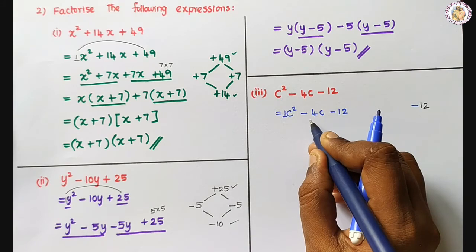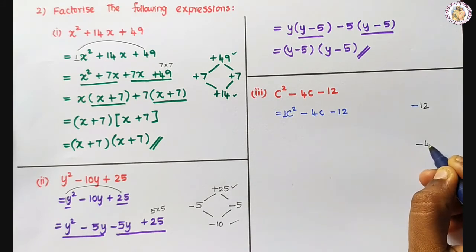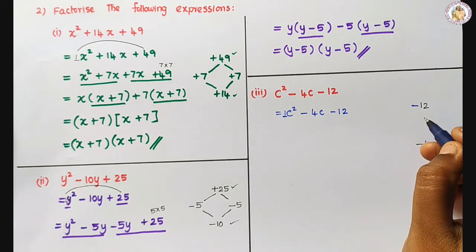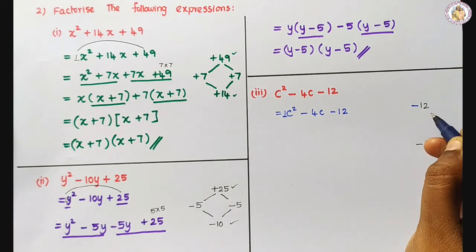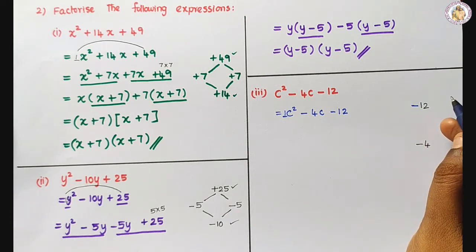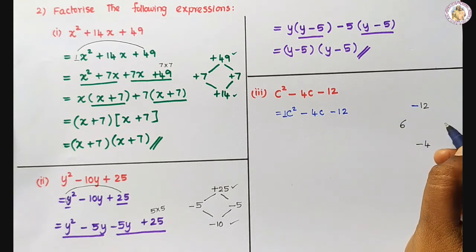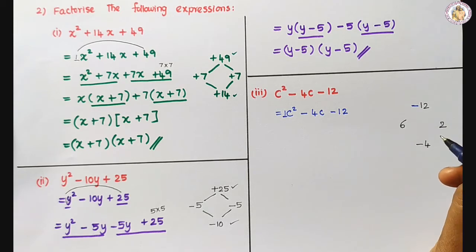And here the coefficient of c is minus 4. Now we find the two numbers, that is, what are the factors of 12? 2, 3, 6. 6 twos are 12. Now write it down. Now the sign.